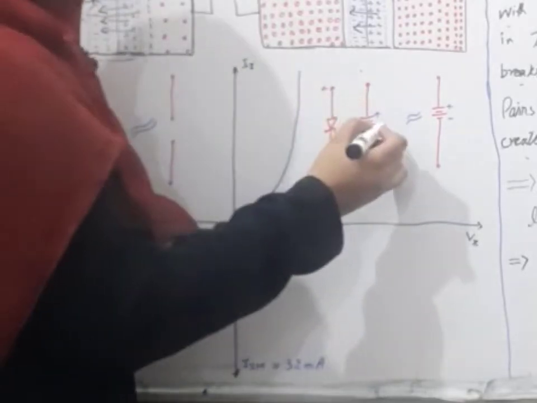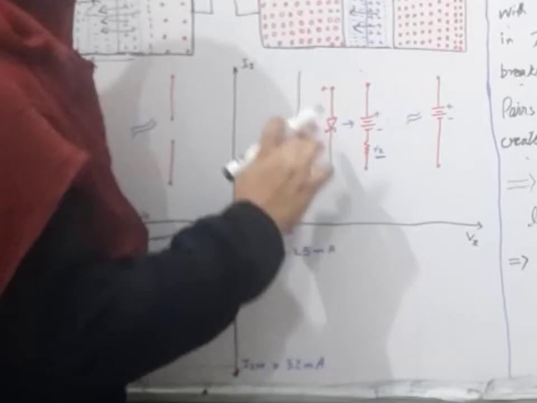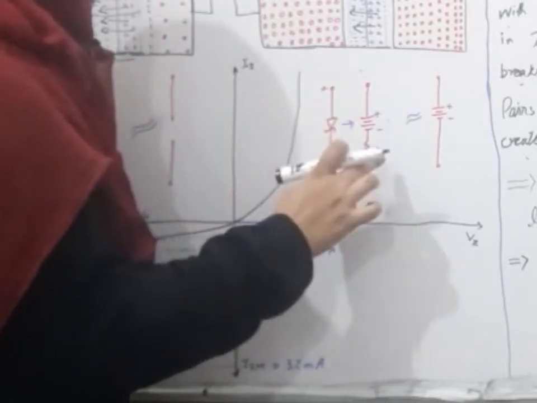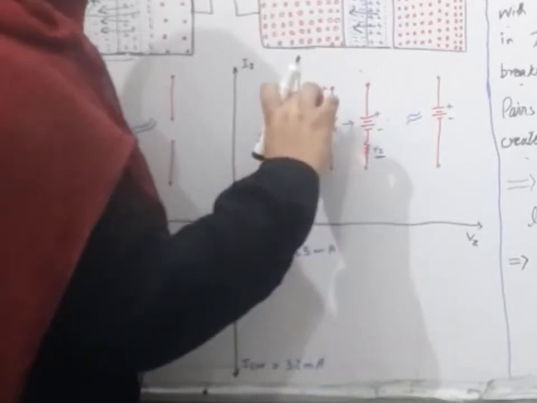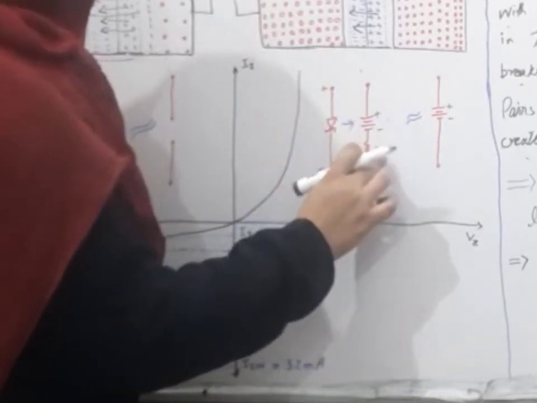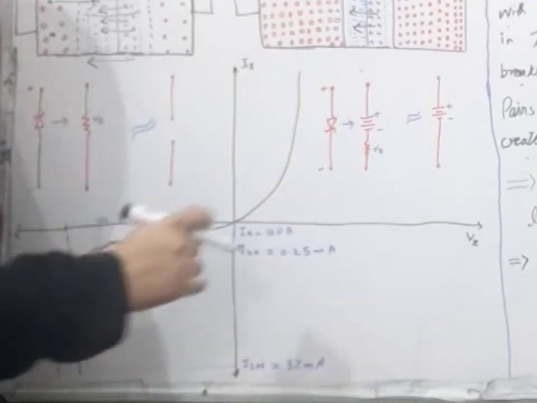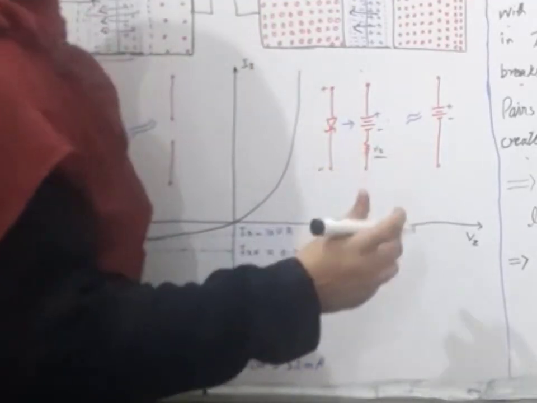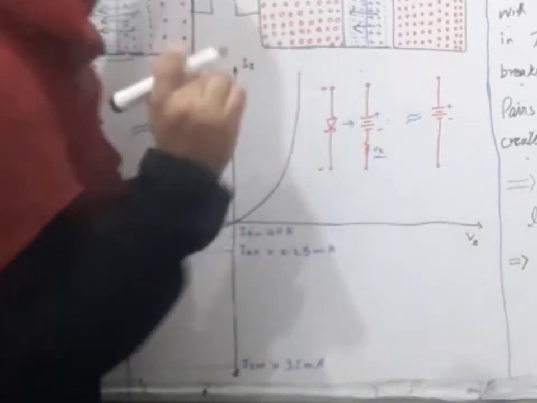The diode will have its own resistance, equal to the Zener resistance. In forward biasing, when RZ is negligible, we will have the circuit diagram like this.